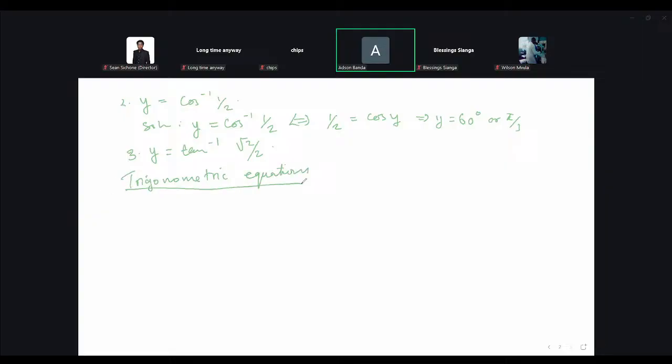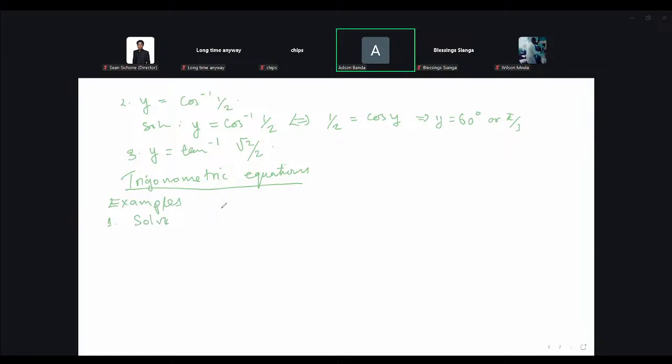So we now move to trigonometric equations. Of course, these are equations whose solutions are angles in this case. Let's look at a series of examples for us to be able to solve these equations.